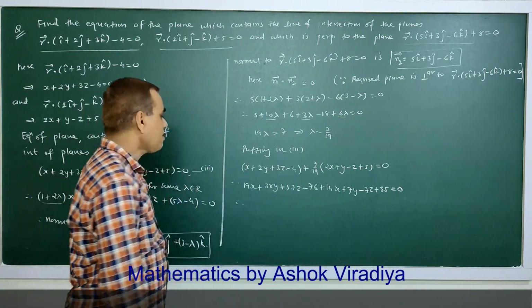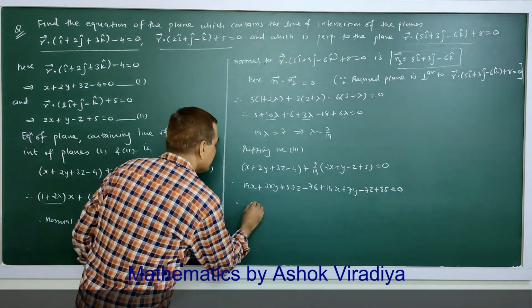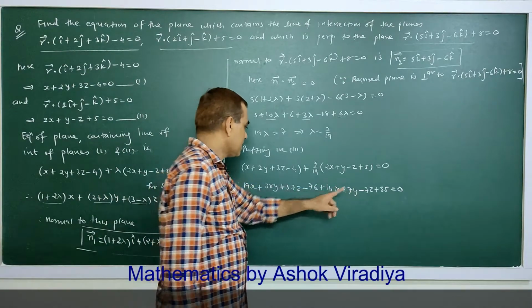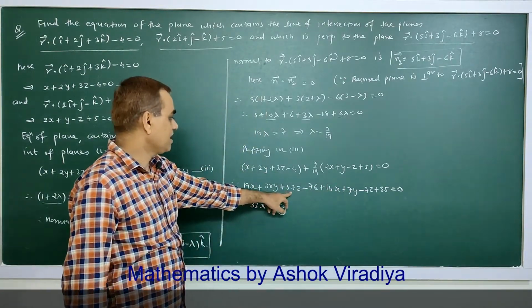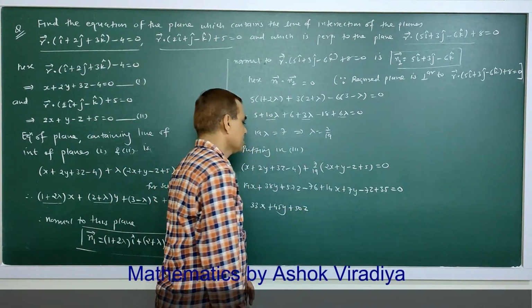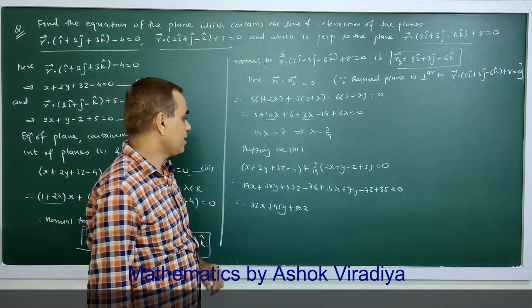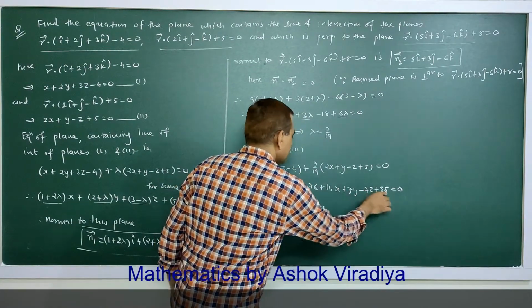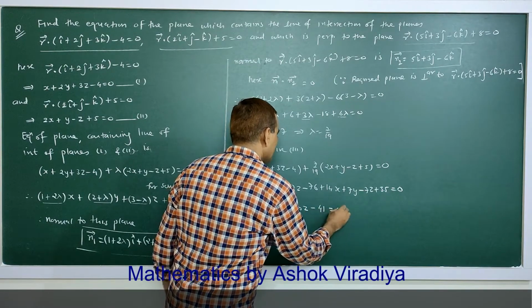Therefore 19x plus 14x, that is 33x, 38y plus 7y, that is 45y, 57z minus 7z, that is 50z, minus 76 plus 35, that is minus 41, equal to 0.